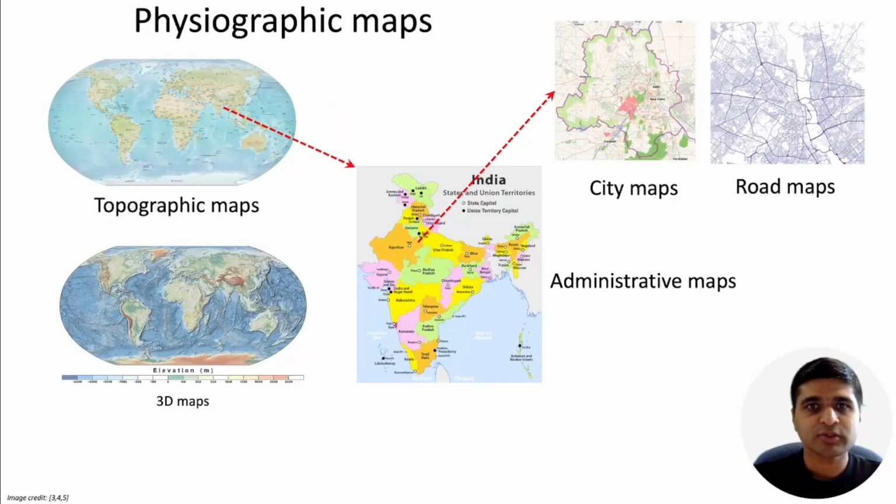Let us take a closer look at how the world around us can be represented using different types of specialized maps. Maps are powerful tools that help us to see and understand our surroundings more clearly. Physiographic maps show features like mountains, rivers, plains, and valleys, helping us to navigate the natural features or shapes and geography of different regions.